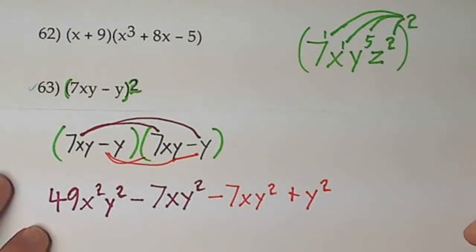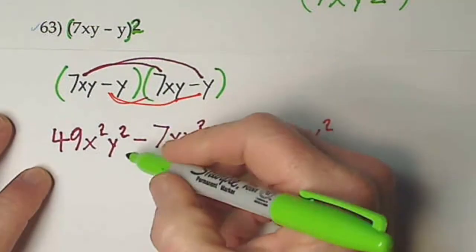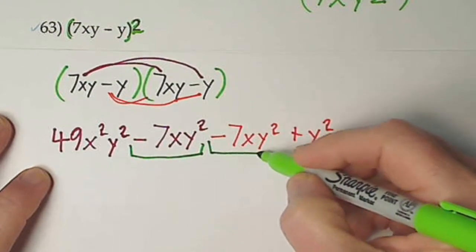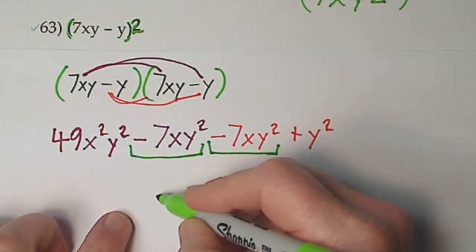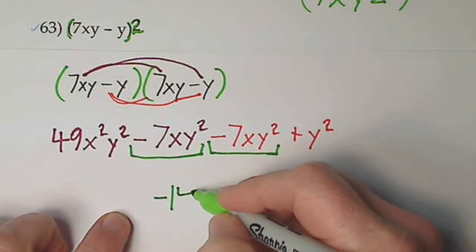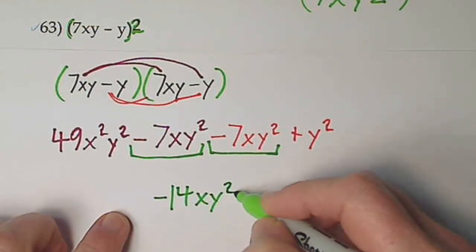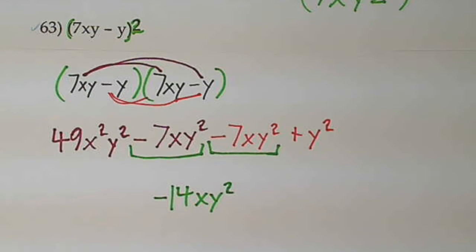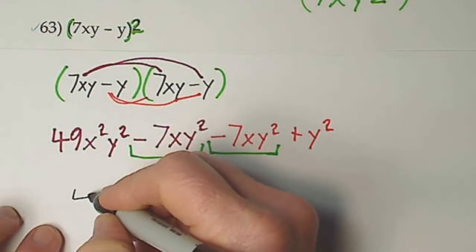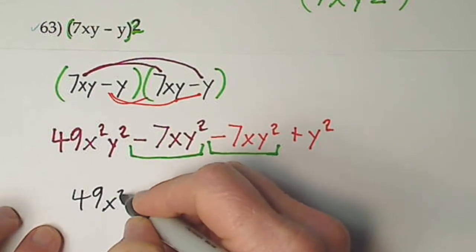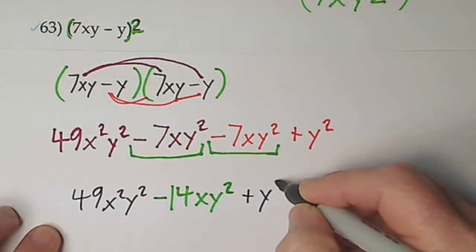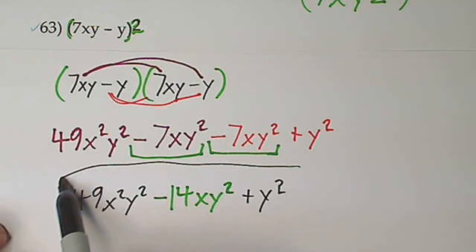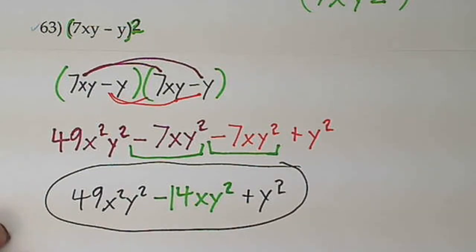Alright, so your last step here, you're going to have to combine your like terms. And notice negative 7xy squared, negative 7xy squared gives us negative 14xy squared. The x and y squared just come along for the ride. And you have to bring down your 49x squared y squared. And you have to bring down your plus y squared. Okay, so this is the solution to that one.